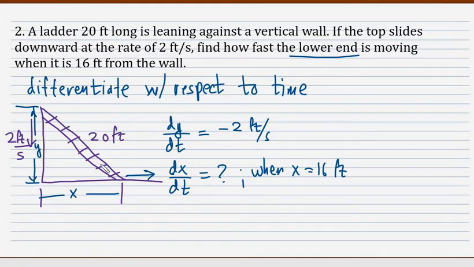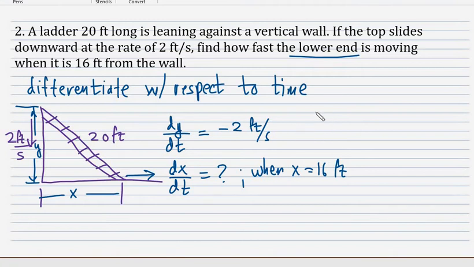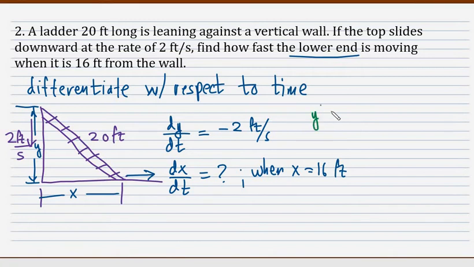So, the main governing equation here, as you can see, would be a right triangle, and we will utilize a familiar equation, which is the Pythagorean theorem, wherein y squared plus x squared is equal to 20 squared. So, we will have to get the derivative from that equation. Let's go to our next page.